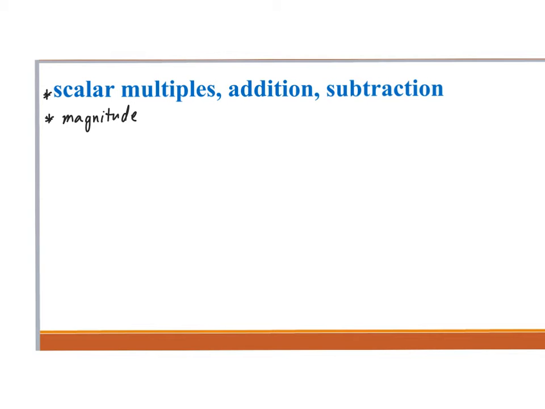So for example, if we have the vector v with components 2, -3, 1, then the magnitude of v will just be the square root of 2 squared plus negative 3 squared plus 1 squared, which is the square root of 14.